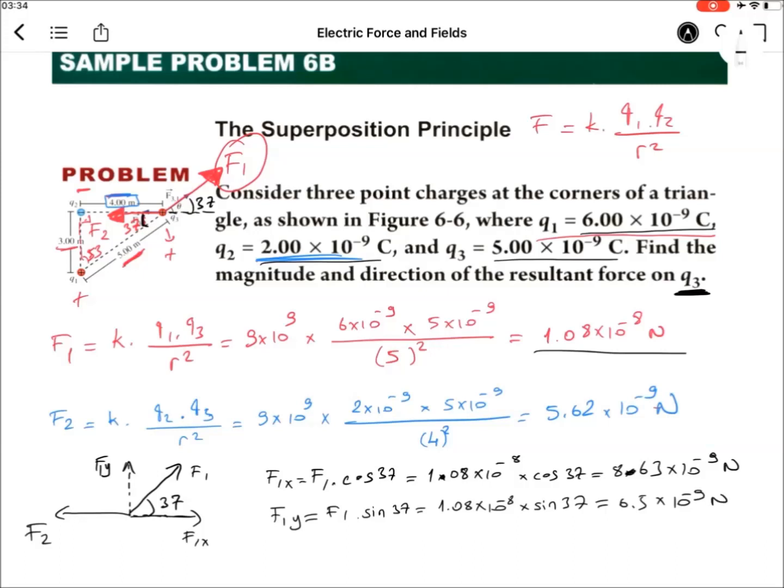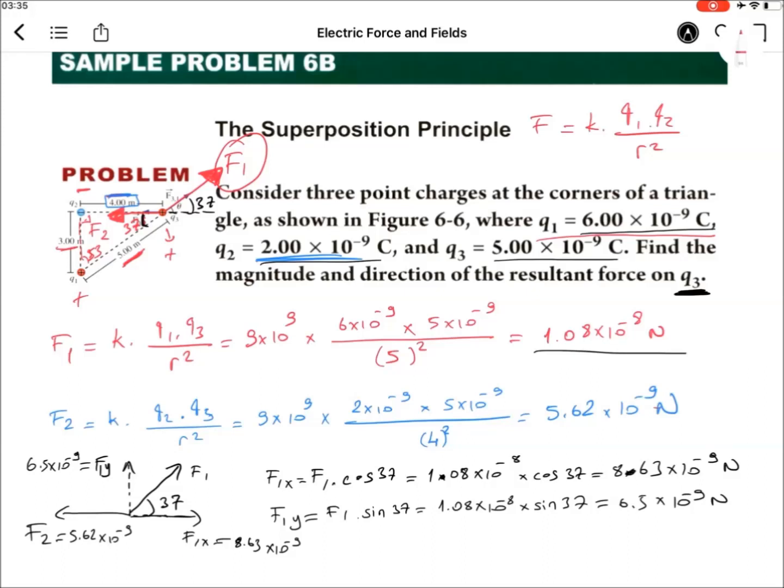So F1x is 8.63 times 10 to negative 9. F2 is 5.62 times 10 to negative 9. F1y is 6.5 times 10 to negative 9 Newton.